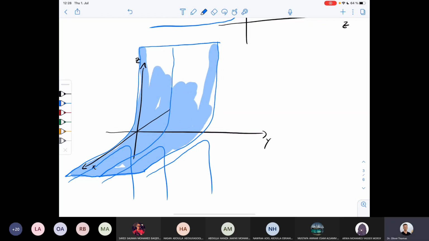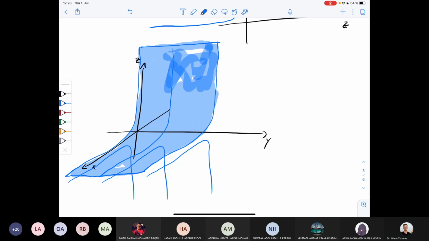So this is one part of the surface. Of course, extended up and left and right and so on. And then we also have the other part of the surface, which we can now view from, well, basically two sides.